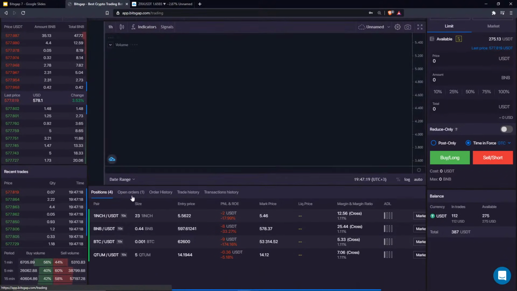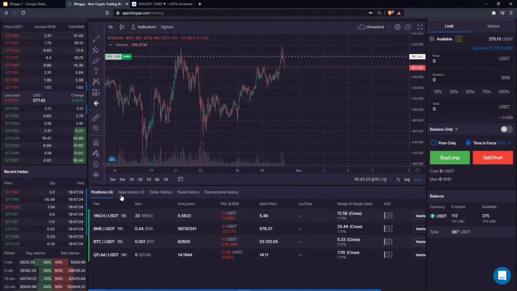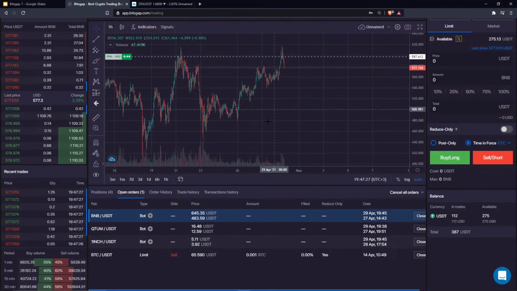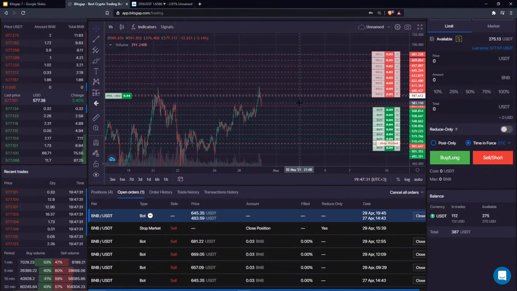So for example, where I have my BNB, that's BNB, and let's click open orders, BNB, boom. So you see all these orders on a chart, and it shows you at which price it will sell and at which price and the amount it will buy.